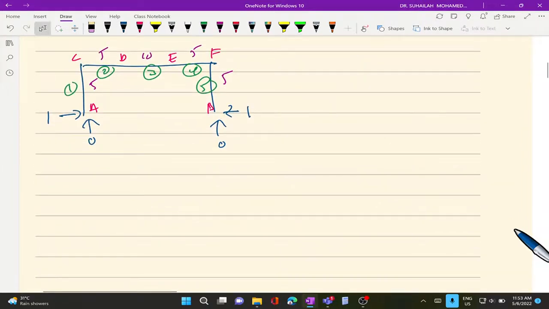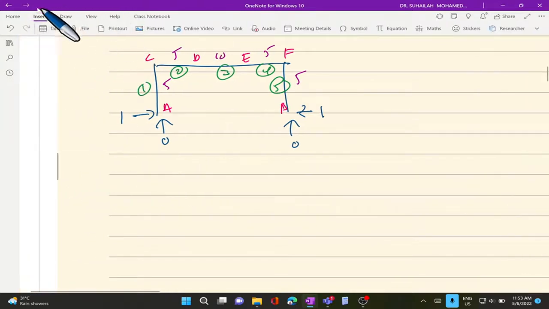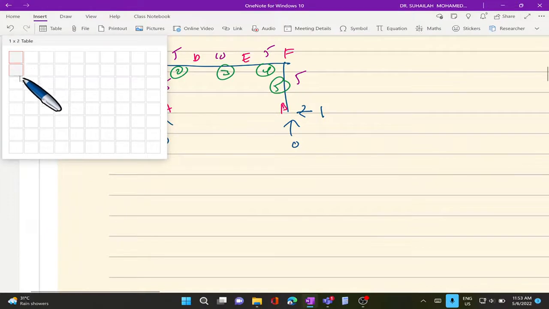Okay, so moment equation I put into the table. So I want to insert a table. Member, origin, limit, M0, M1.